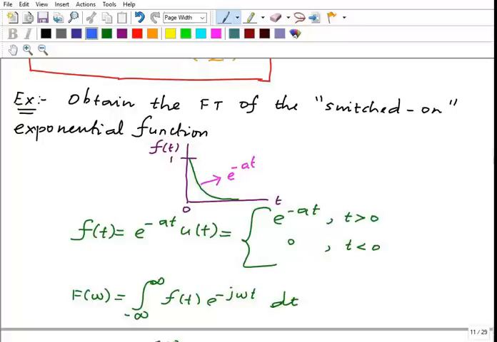Say the switch is closed at time t equal to 0. So if you notice this function, it starts at 0, then when time increases, it is exponentially decreasing. Finally at t equal to infinity, this will become 0. So this function is basically called switch on exponential function.